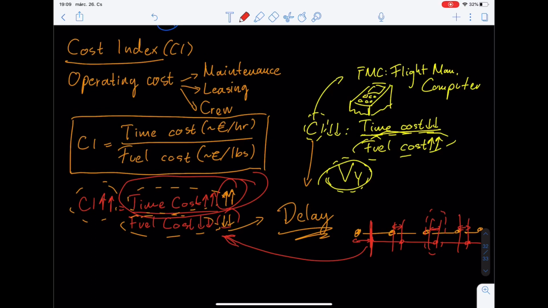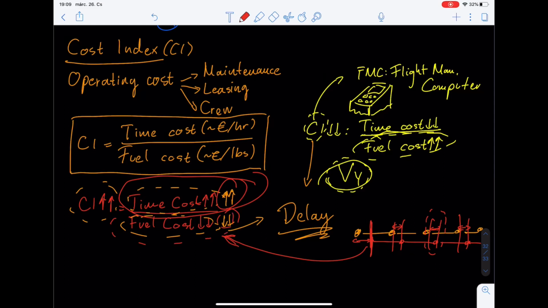You might miss your slot, the aircraft might be grounded, you might miss your next slot. You need to pay for the ground power unit on the ground. You might need to pay for catering. You might need to refund the passengers. So time cost at that moment is very high, and fuel cost is relatively low.